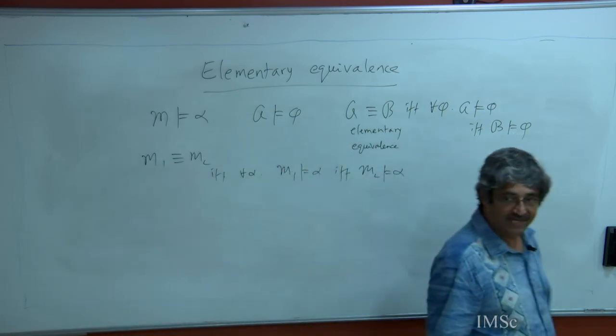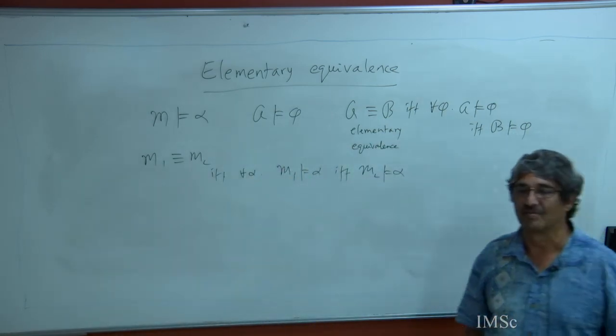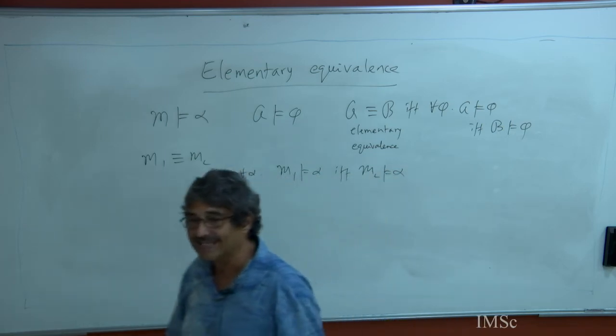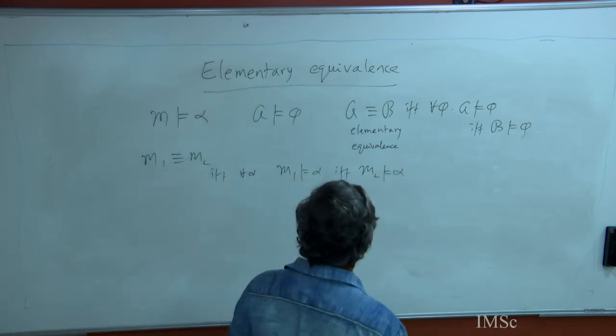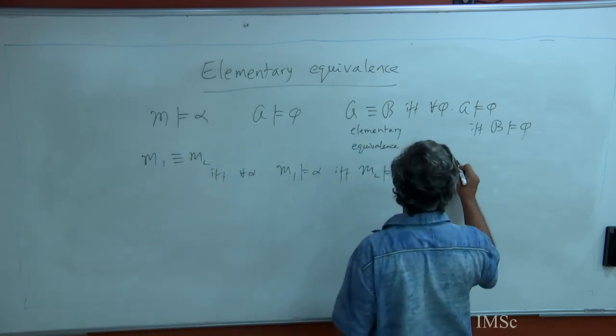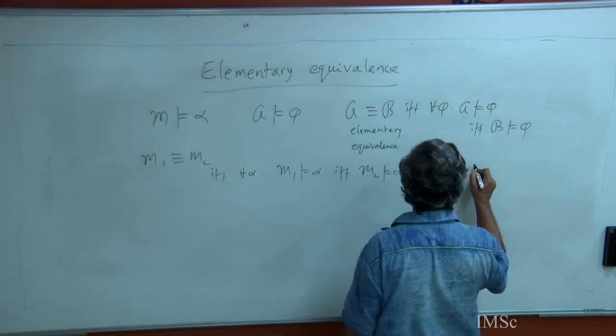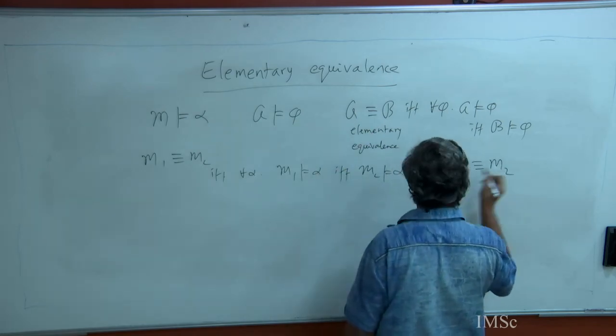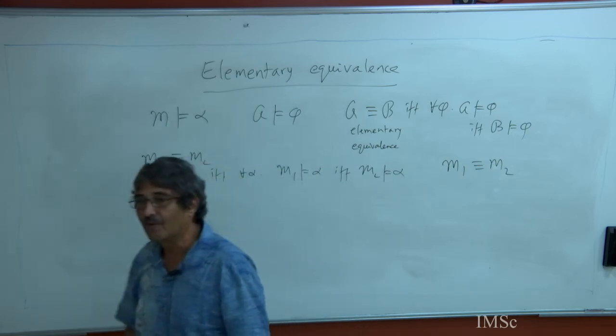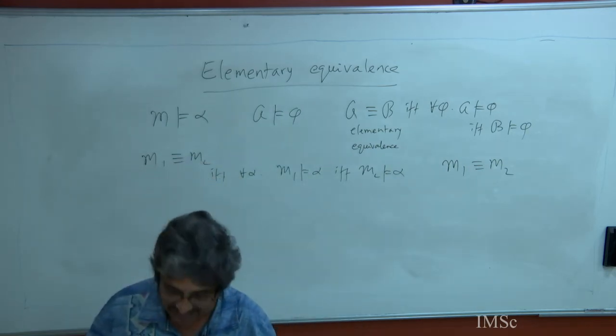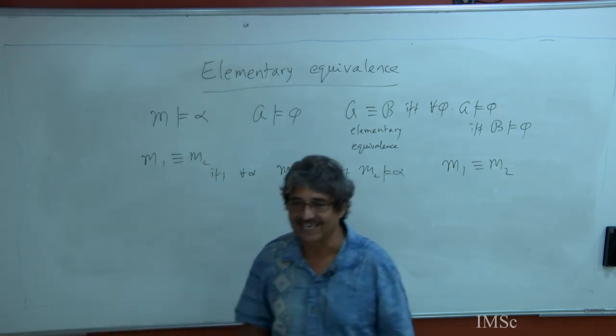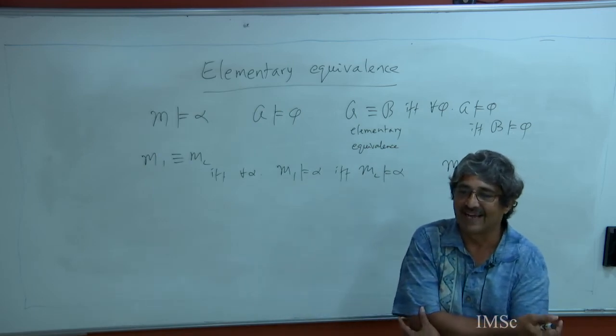Yeah. So, in general, we'd be interested in equivalence on models, and this is the notion of elementary equivalence on structures. This is what we are most interested in. Now, whenever you consider something like that, like I said, there is a sanity check to be made. What is that?